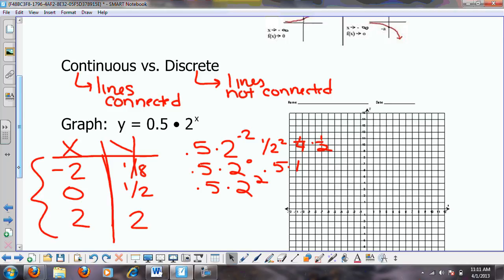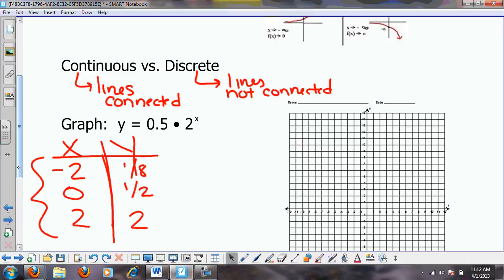So I'm going to go to my graph, and we're going to graph these. -2, 1/8. Okay, 0, 1/2, and 2, 2. And we just discovered that exponential graphs, functions, are a curve.